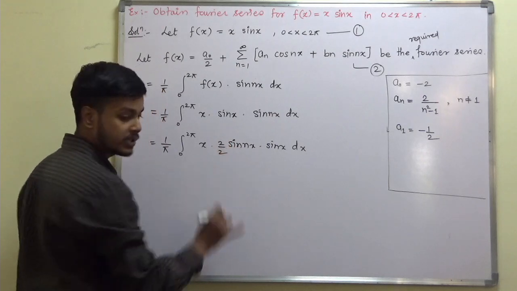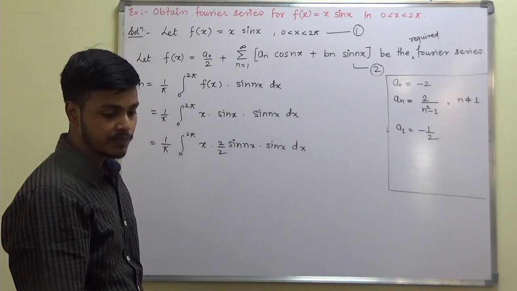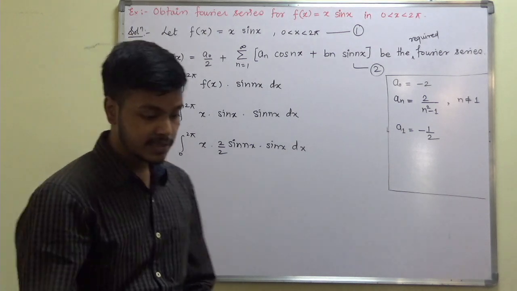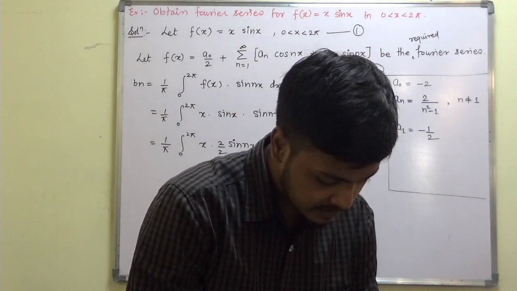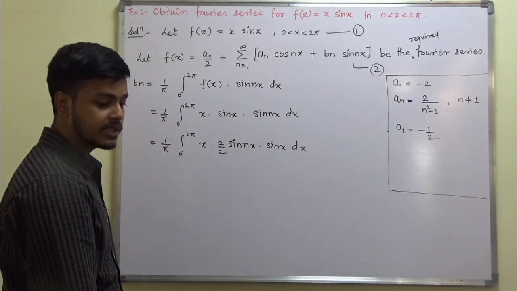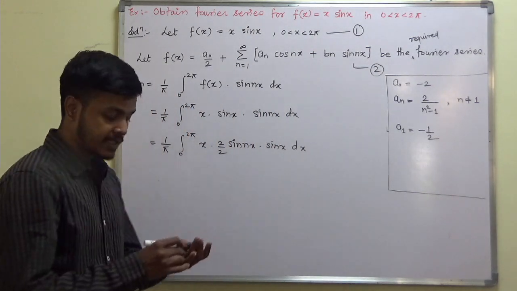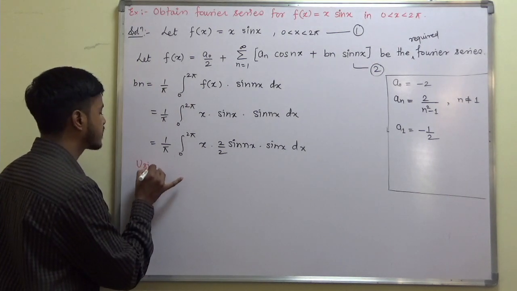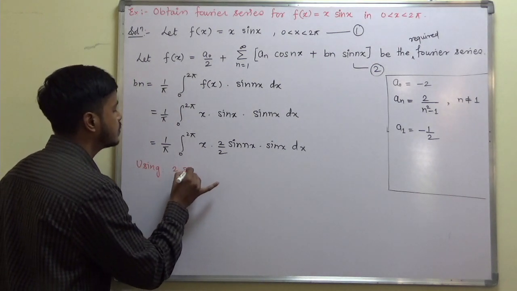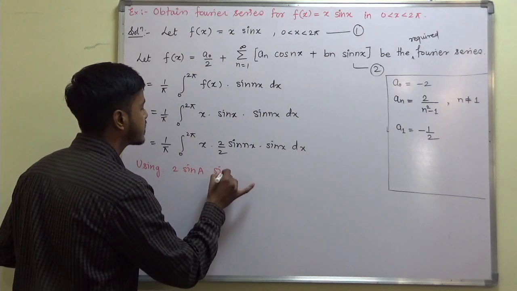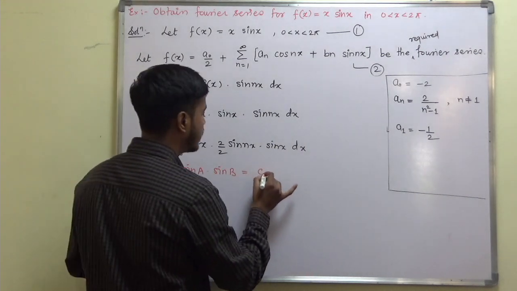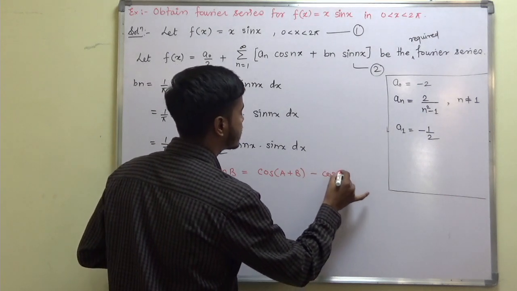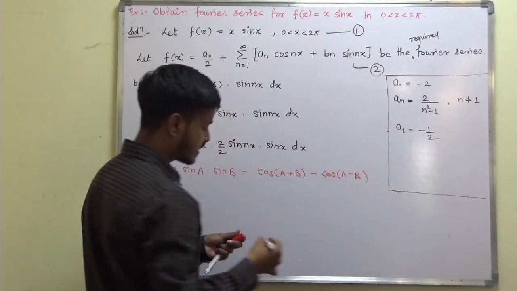Adjust 2, divide and multiply by 2. So what is 2 sine A sine B? So using 2 sine A into sine B is equal to cos A plus B minus cos A minus B. So this is the formula for it.